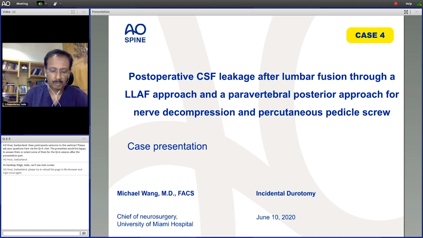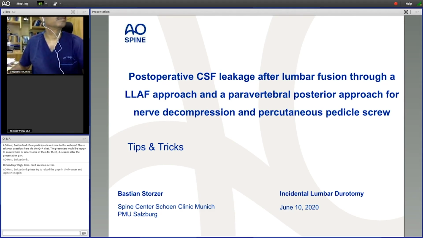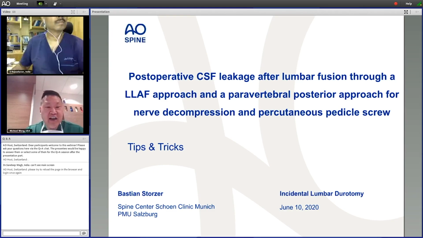Yeah, I think we covered this in one of the earlier cases in terms of the difficulty with how we do this. Fortunately, these are relatively uncommon injuries. We're seeing them more and more as people are coming lateral and oblique with OLIF and then, of course, with ALIF.